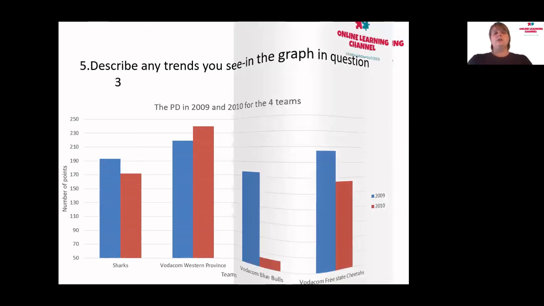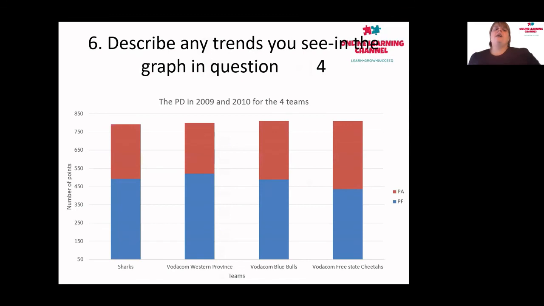Okay, the last one, last question. Describe any trends you see in the graph in question 4. Now remember guys, there was points against and points for the team. So the trend you can see is an average.